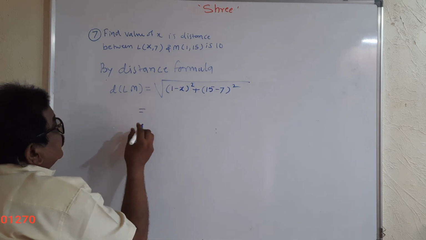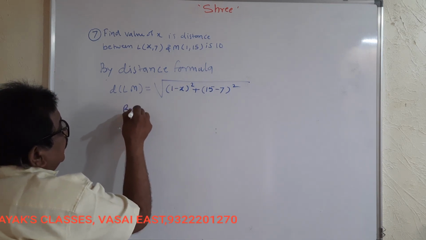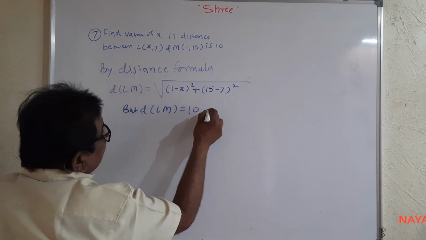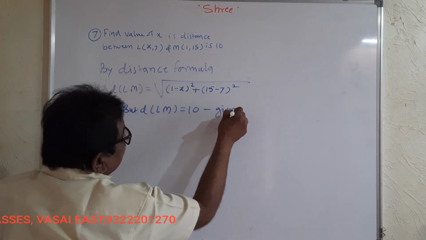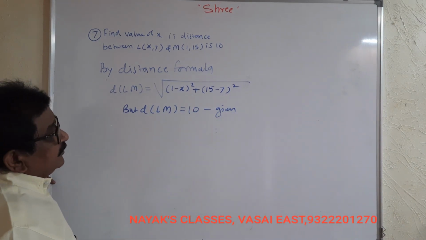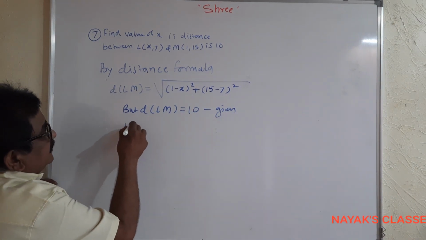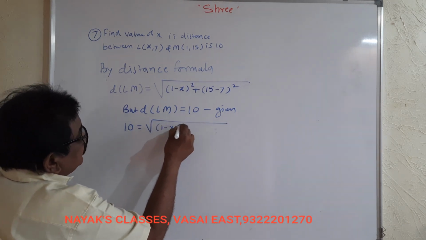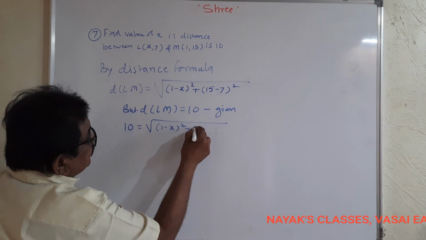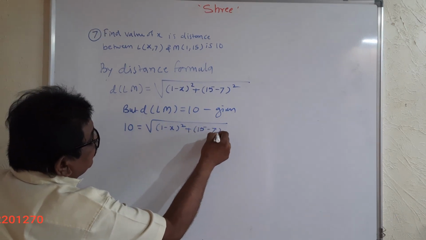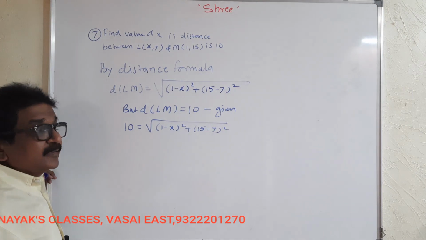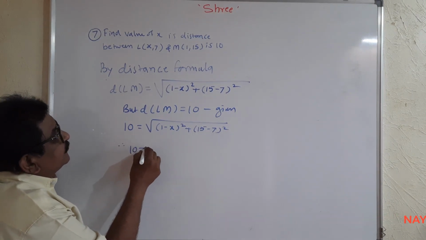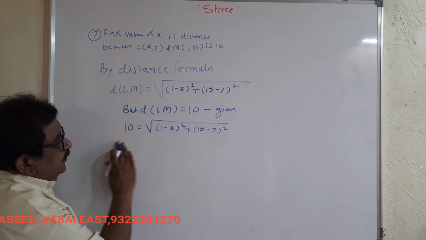But distance LM is given, it is 10, correct? Given. So 10 is equal to under root (1 minus x) the whole square plus (15 minus 7) the whole square, correct?